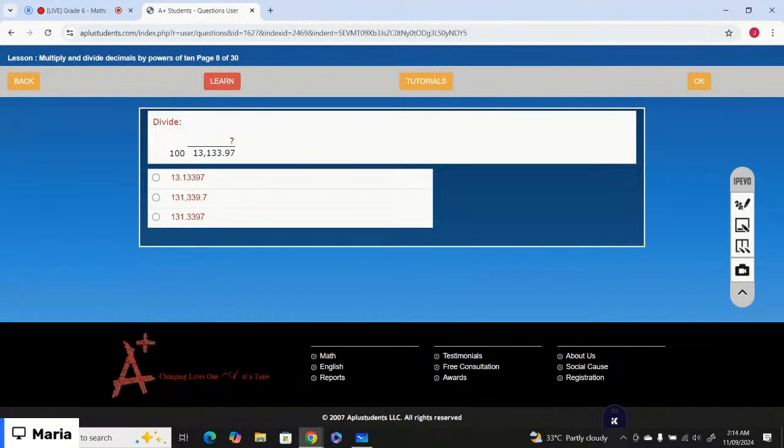Option 1 or option 3? You are dividing by 100. 100 has only two zeros. So which option is the correct one? 1 and 3.